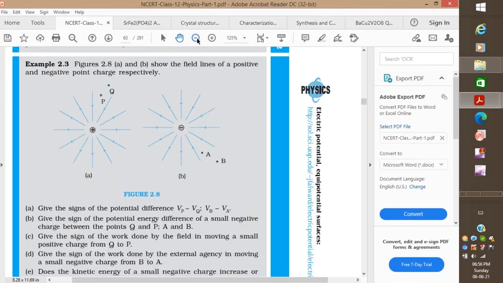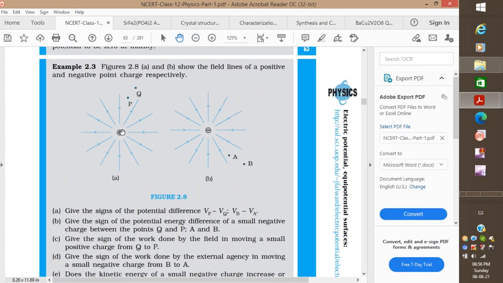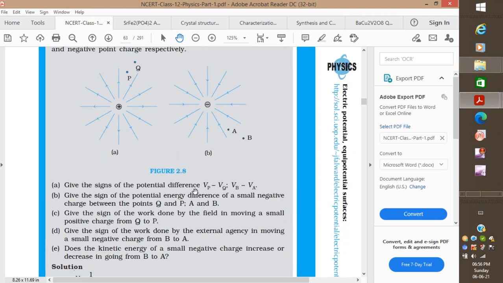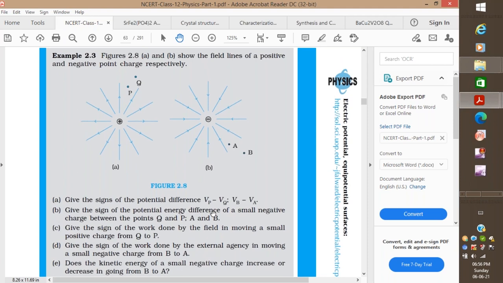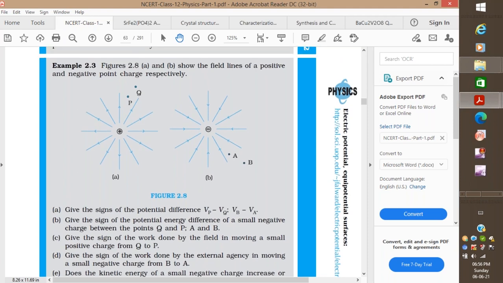Now we'll see here. This example also is very important. Look, this is a positive charge and this is a negative charge. Here you have to find out the fields above positive and negative, and give the sign of the potential difference.